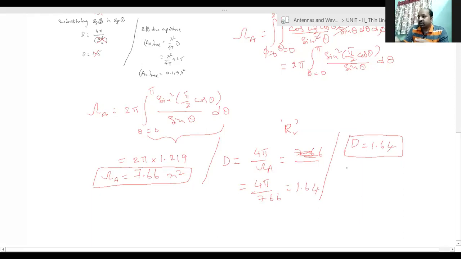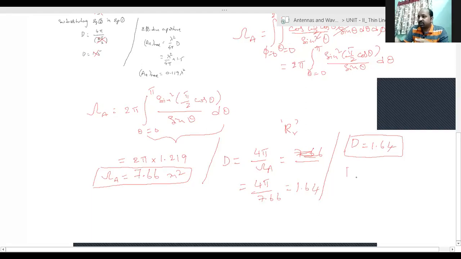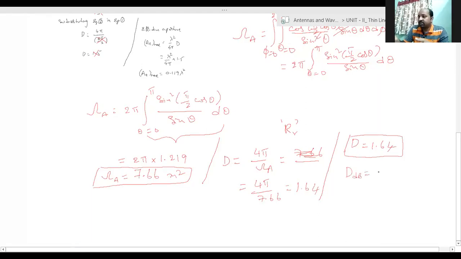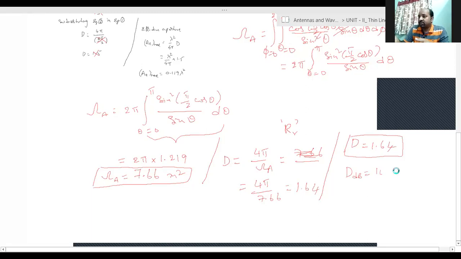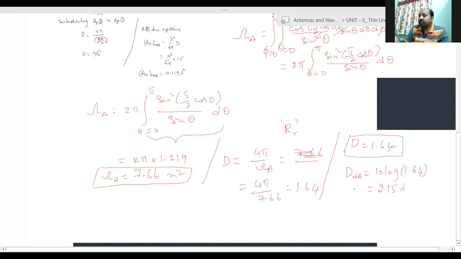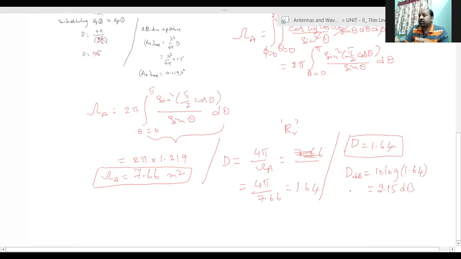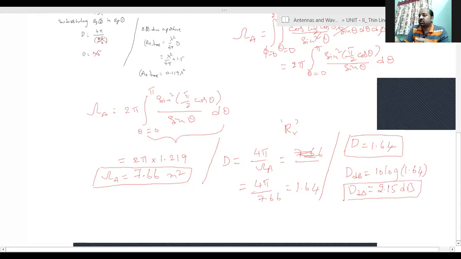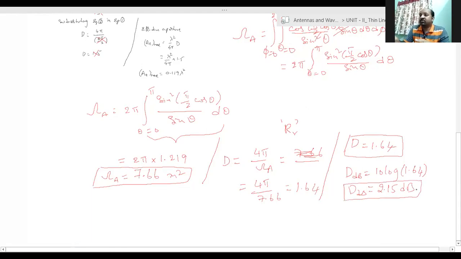And in dB, it is 10 log 1.64, and you'll get around 2.15 dB. So this is the directivity of a half wave dipole.